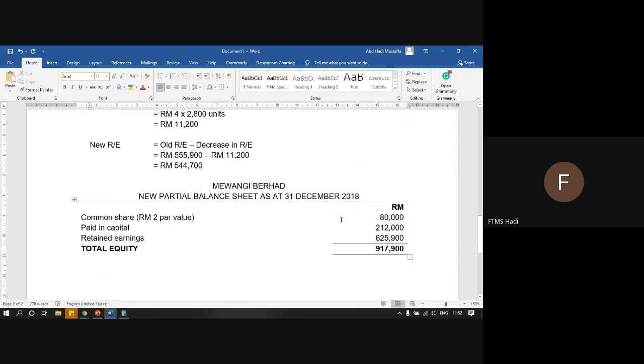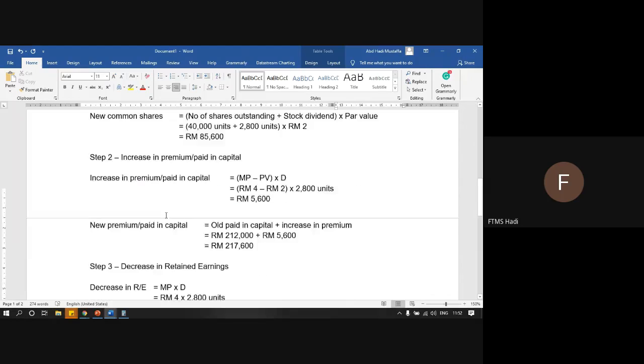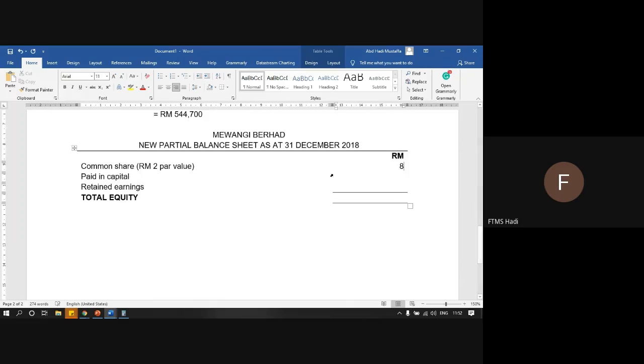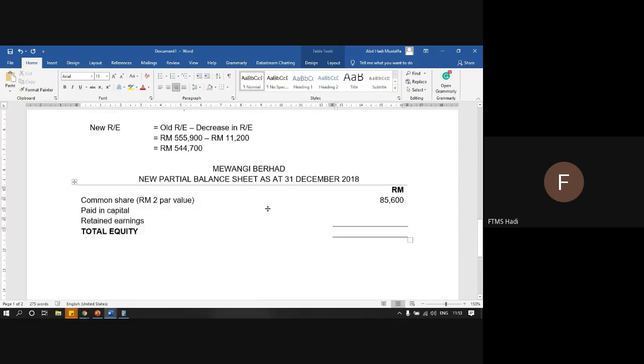Okay, new partial balance sheet as at 31st December 2018. So let's have a look at this magic, shall we? Common share, 2 ringgit. You need to look back at step 1, the final answer, the new common share, which is 85,600. The second one, paid in capital. Look at step 2, the new premium of paid in capital, 217,600.